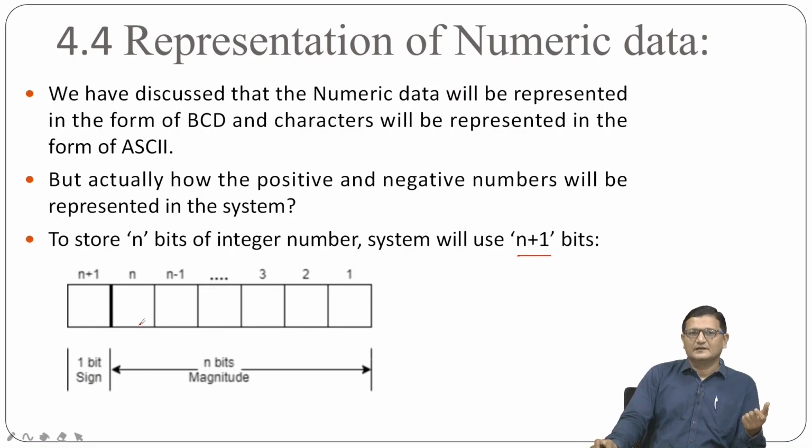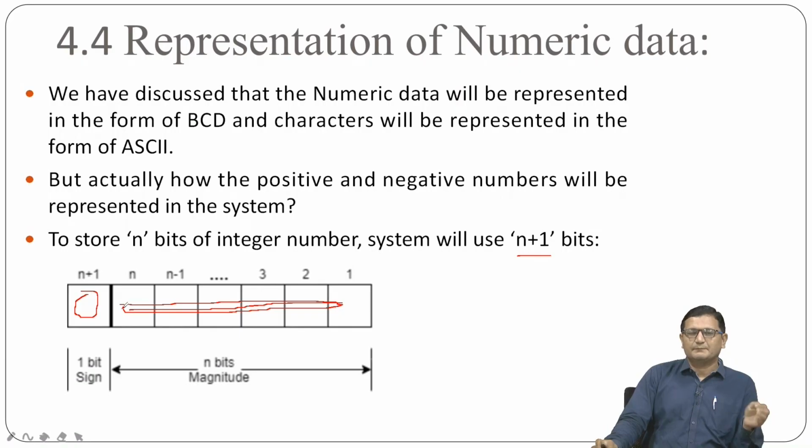Obviously here the magnitude of that number gets stored, and the 1 bit is used to represent the sign, okay? So let's suppose any number is given to you, the value, suppose 45. Here the binary of 45 gets stored, right, in this area, fine.